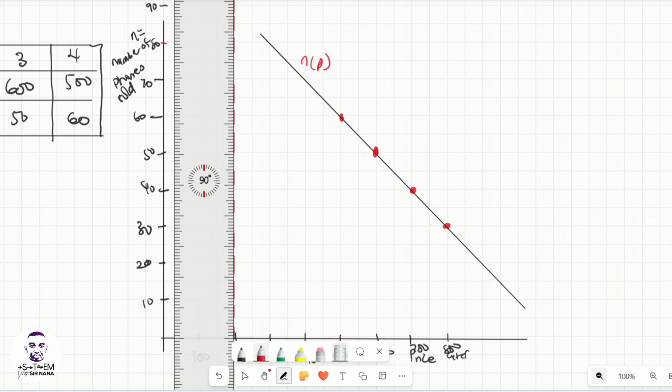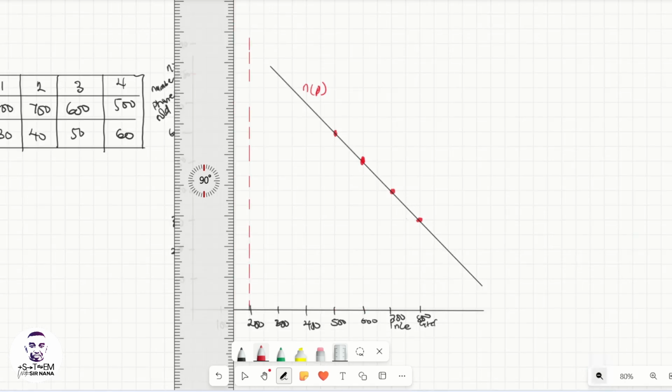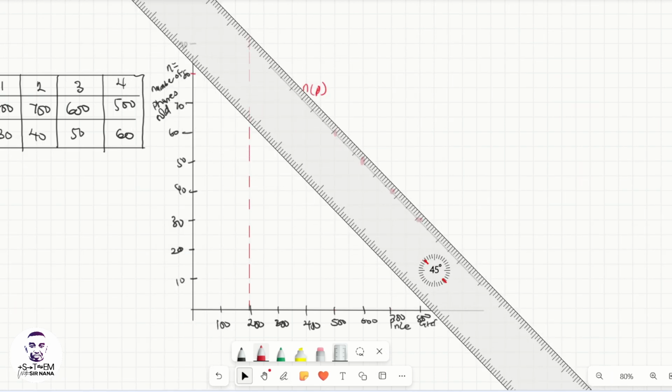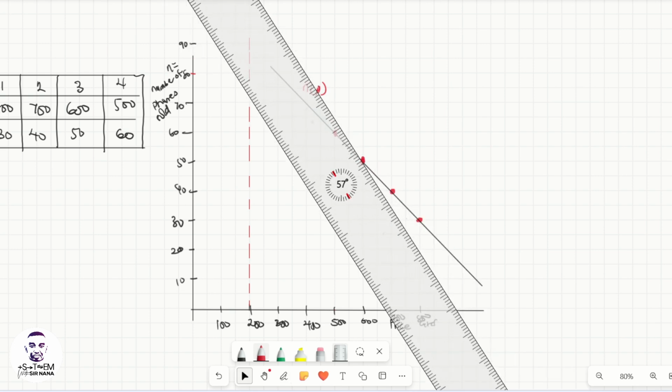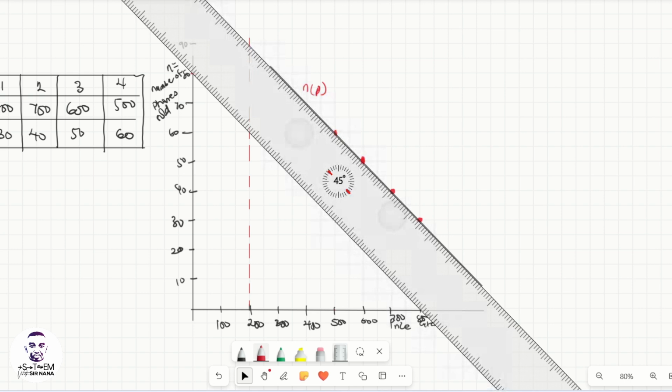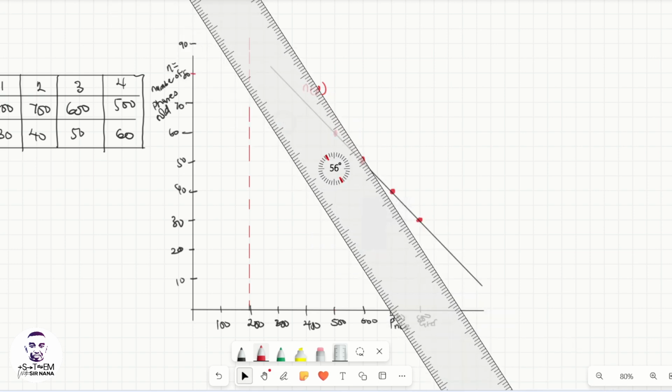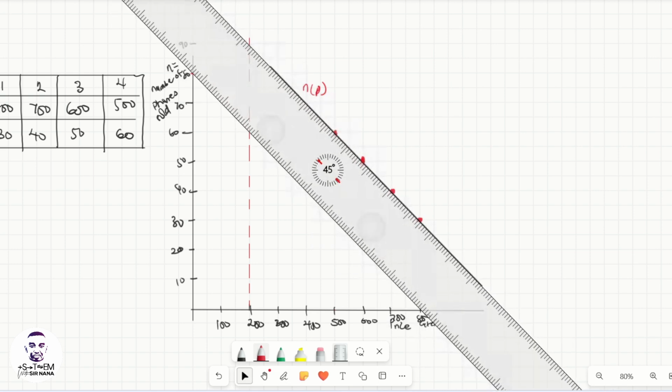So we can extend our graph here such that the graph touches the 200.